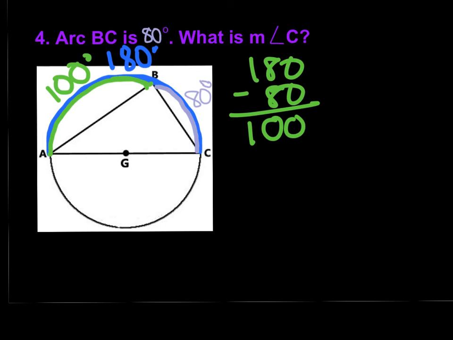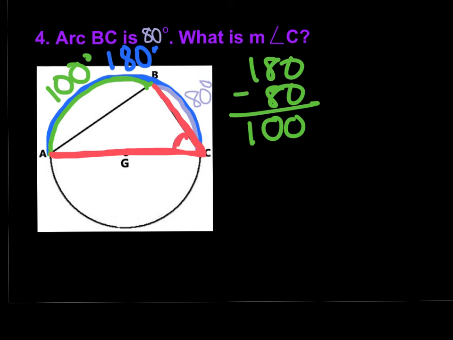Okay, so why did I want to do that? Well, because if you look at your picture, we want to look for angle C. And angle C is made by those two segments, right? AC and then BC.